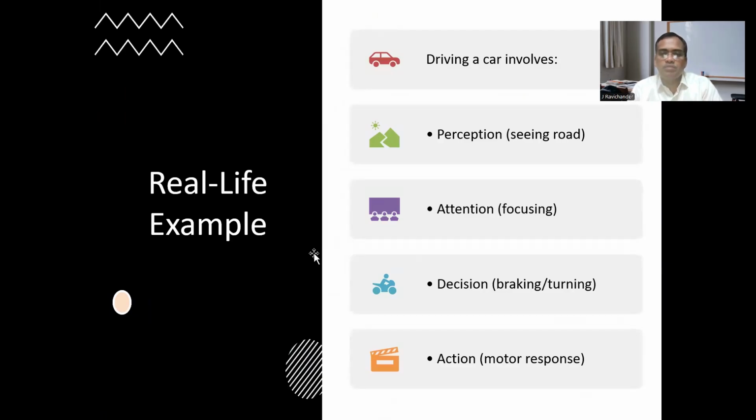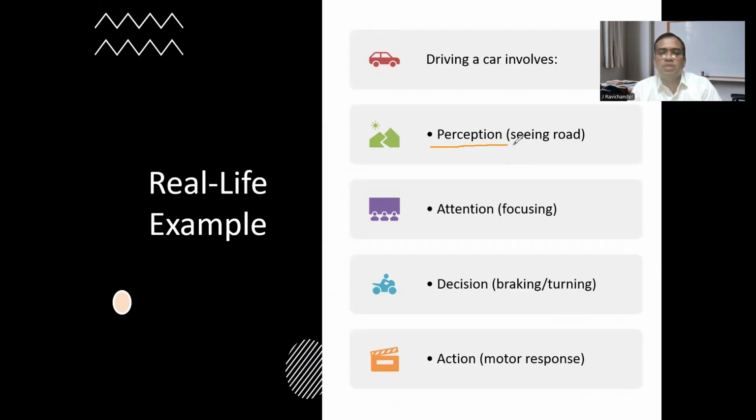Real life examples. When we are driving a car, it involves perception, attention, decision, and action.